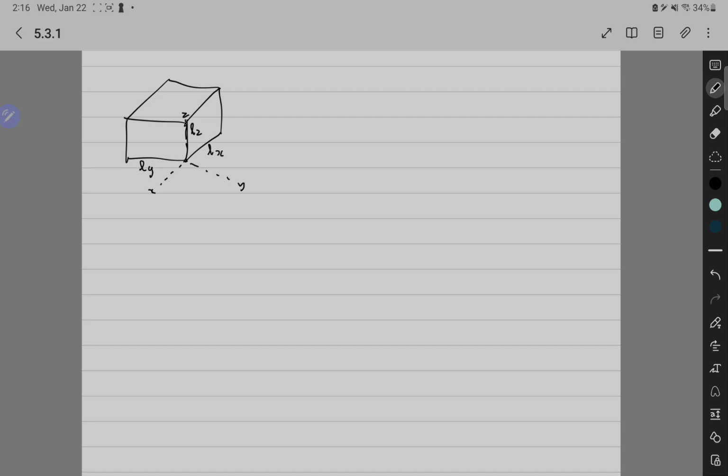So what does that mean? Let's take a look at our V(x,y,z). So our potential energy is going to be 0 for 0 < x < Lx, 0 < y < Ly, 0 < z < Lz, right? What we're writing here is the constraint, and we have infinity otherwise.